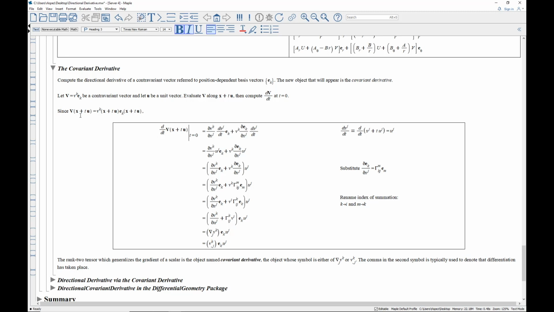This is really what the vector looks like using the Einstein summation convention. This is really a sum. So this is the component evaluated along the path, and this is the basis vector evaluated along the path.